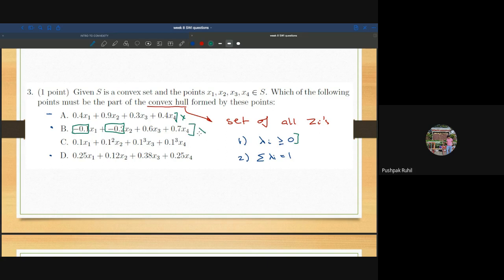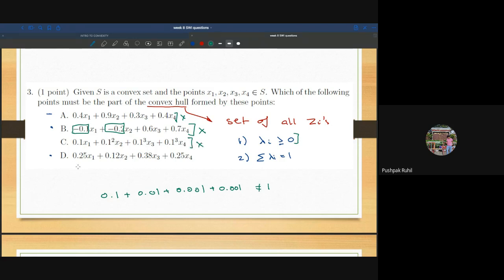So this will also be wrong. Now in the third option as well, we will have 0.1, 0.01, 0.001 plus 0.001. Again, the sum is not equal to 1, so this option is also wrong.